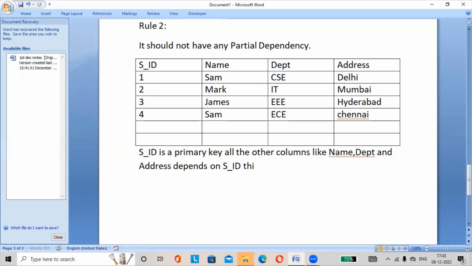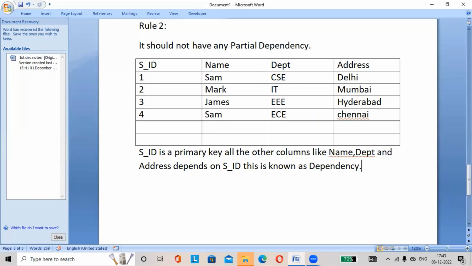This is known as dependency. Is it clear what is dependency? Student ID is a primary key, all the other columns, name, department, address, depend on it. So this is known as dependency.